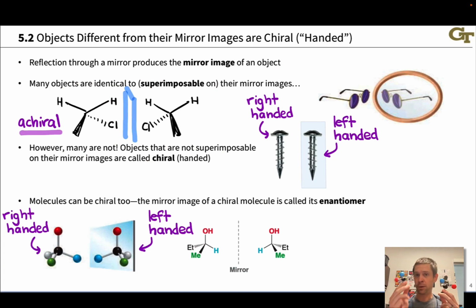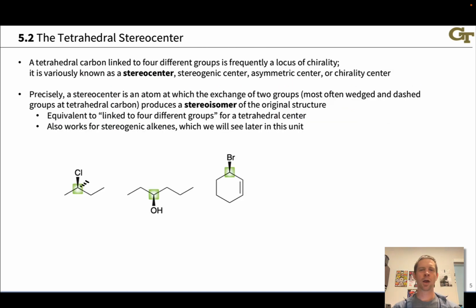The compounds or the molecules individually we call chiral or handed, and one way we can think about them, with deep analogy to everyday life, is that one is right-handed and one is left-handed. One thing we're very interested in in explorations of stereochemistry is recognizing whether a molecule or compound with a given molecular structure is chiral or not.